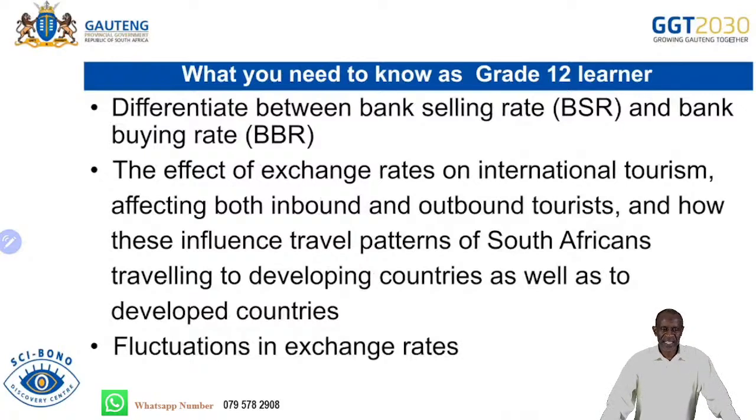Sometimes a currency will be up and sometimes it will be down, depending on the variables in the economic landscape. So the up and down syndrome is known as fluctuation.